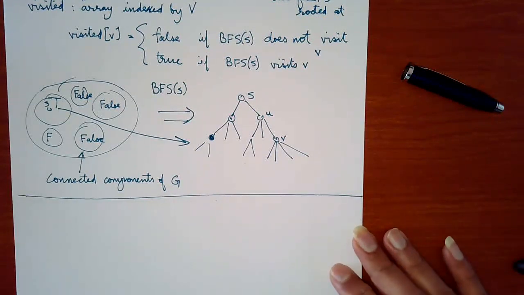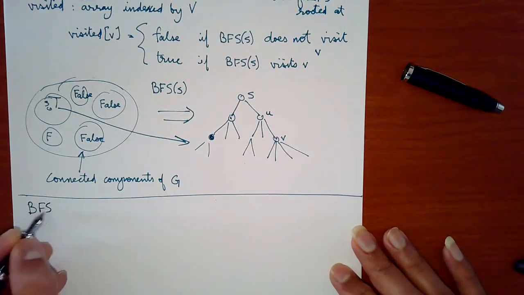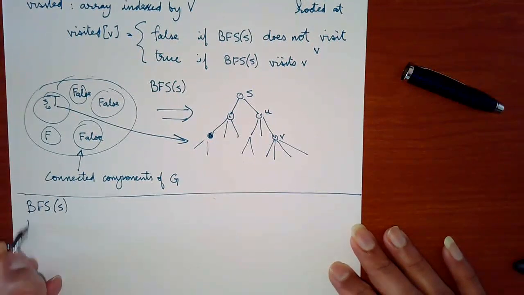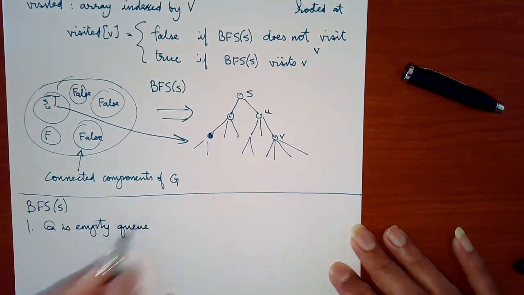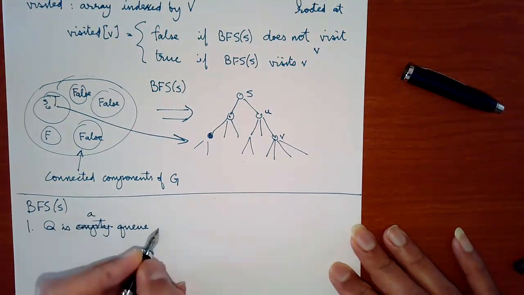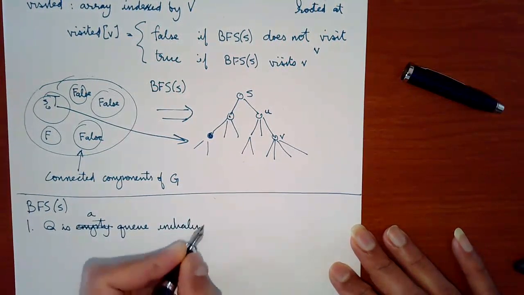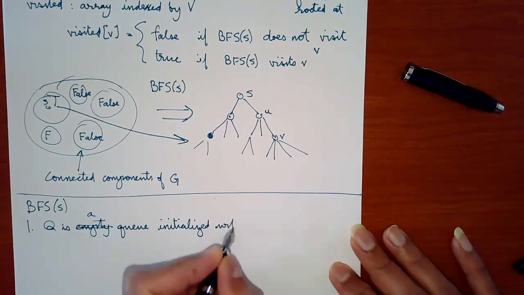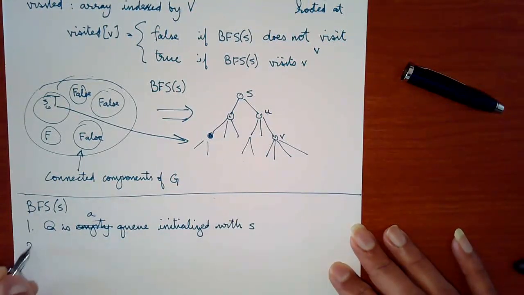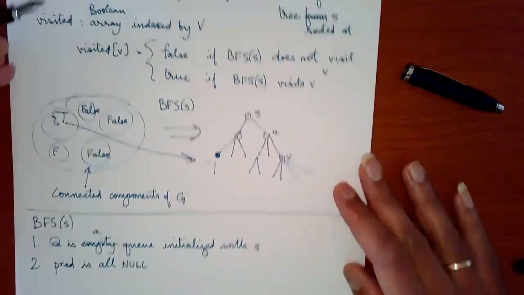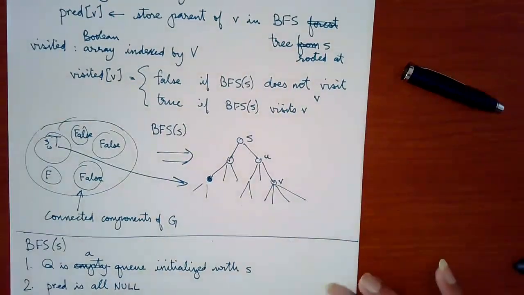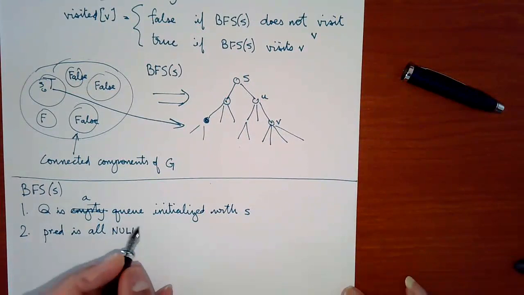Now let me give you the code for BFS starting from S. Q is a queue initialized with S. Predecessor is all null, so all the parent pointers are just going to be null.